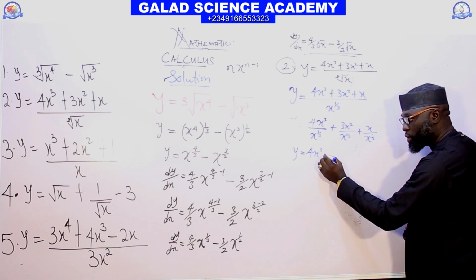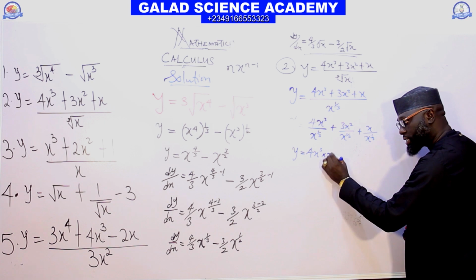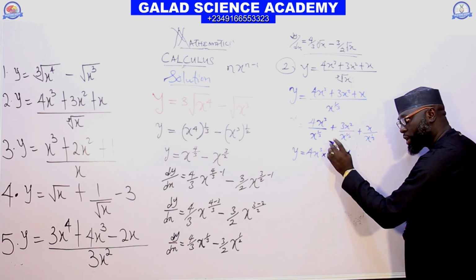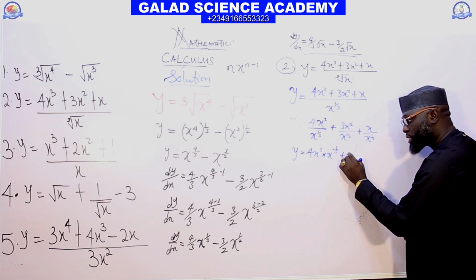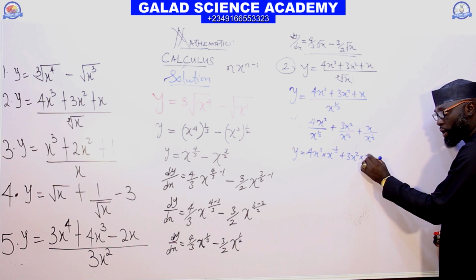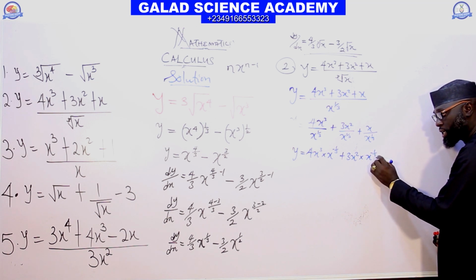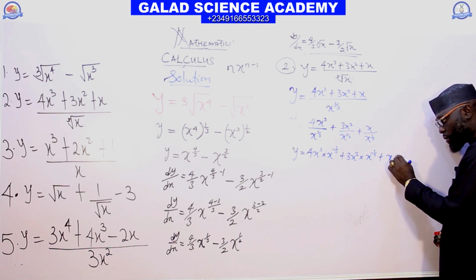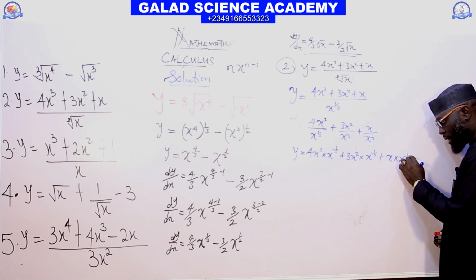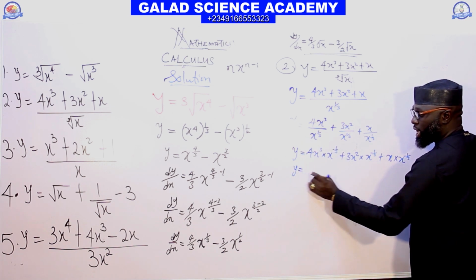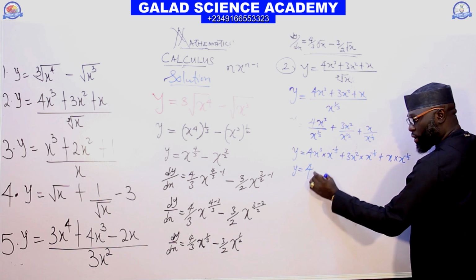This one will go up, now becoming x exponential minus 1 over 3, when this goes up, plus 3x squared. This will go up to become x exponential minus 1 over 3, plus x, which will go up by x exponential minus 1 over 3, from law of indices.